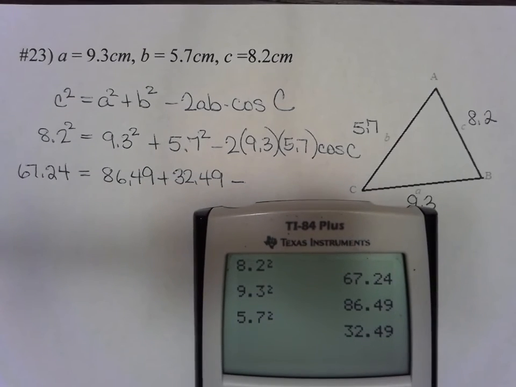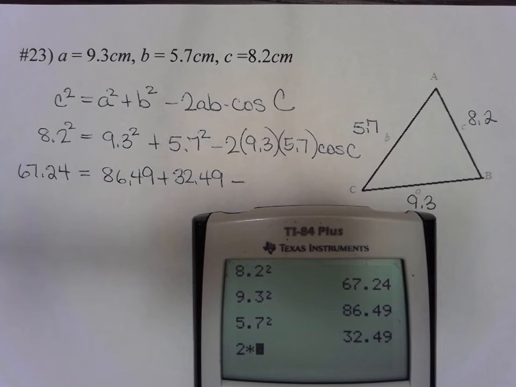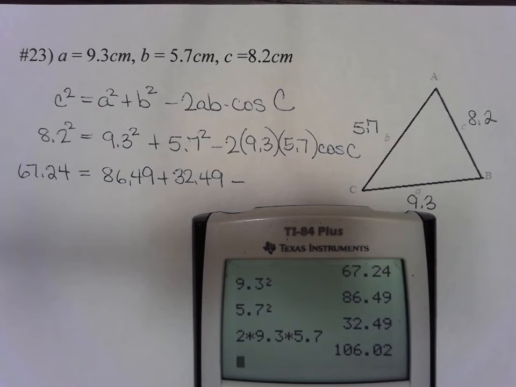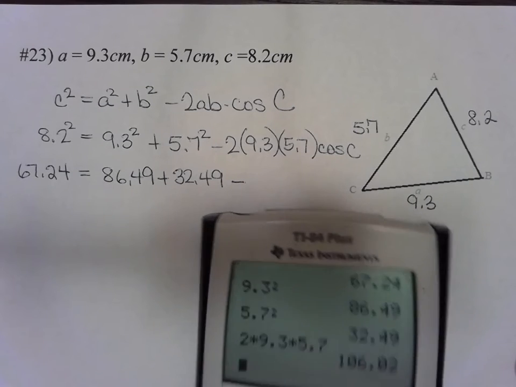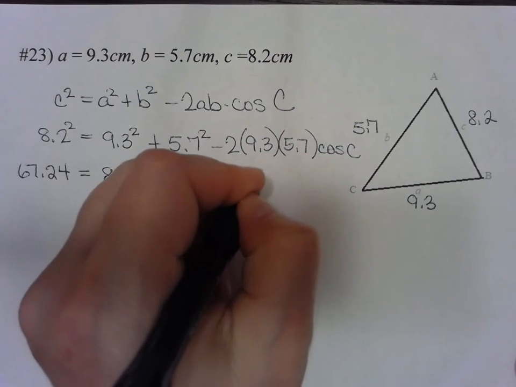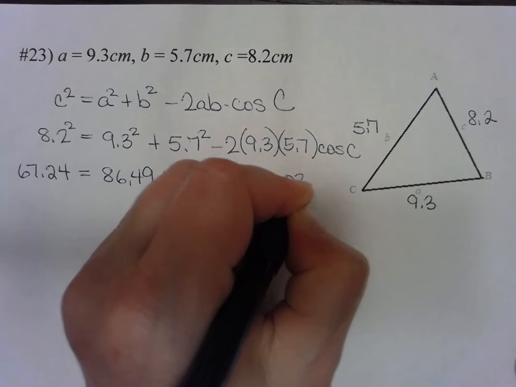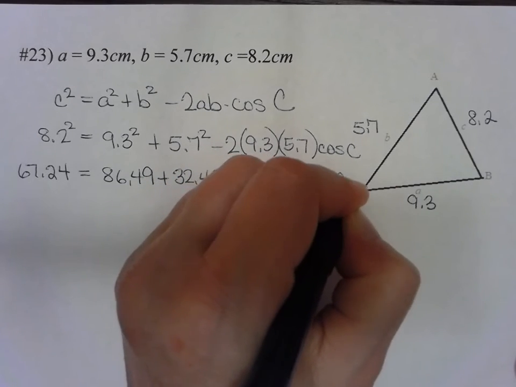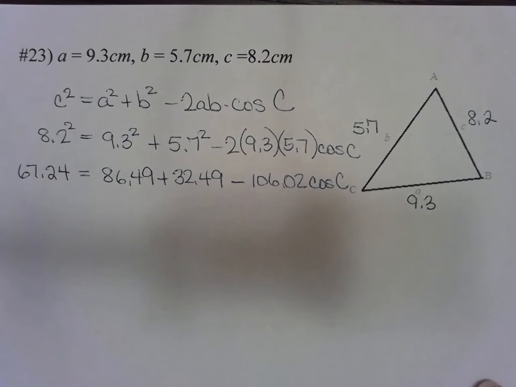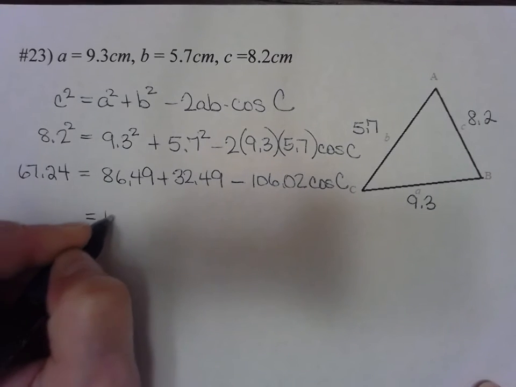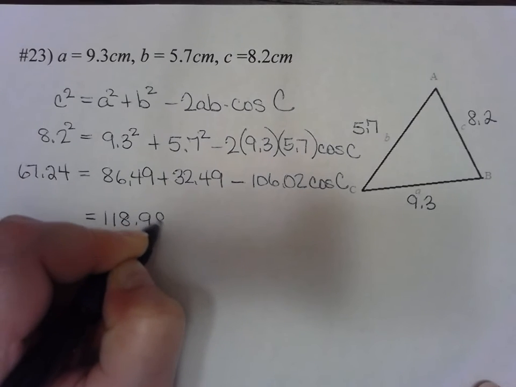Minus 106.02 times the cosine of C. So this gives us 118.98.